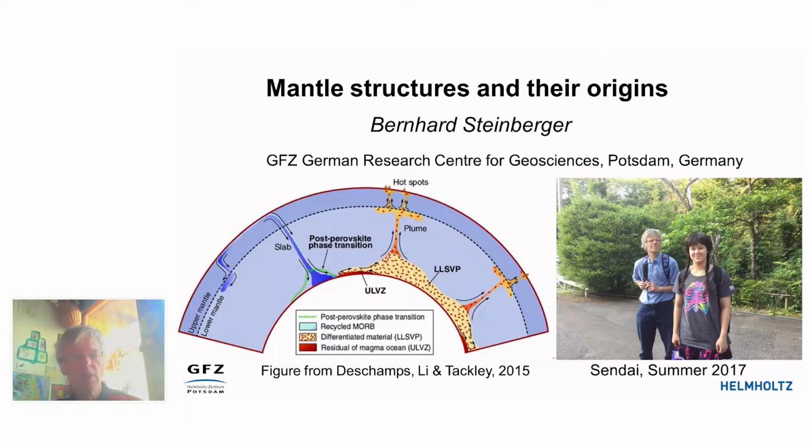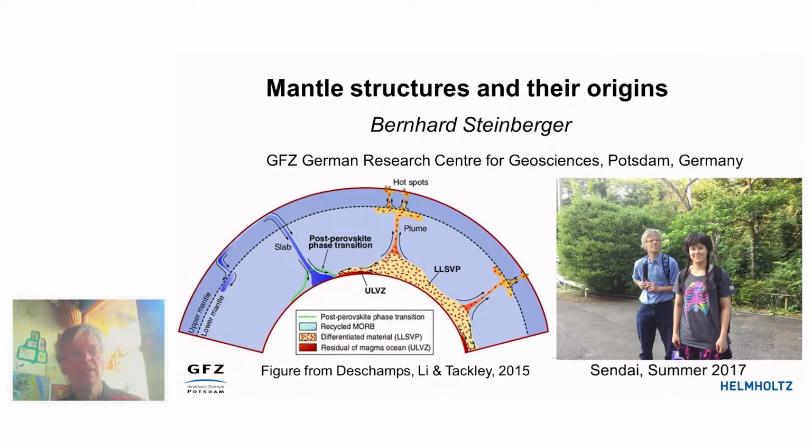Those are the thermal structures. About thermal structures, what we know for sure is about slabs and plumes. And then there is also most likely chemical structure in the mantle. This chemical structure is created through melting, which separates material and creates crust. Then this crust goes down with the slabs, and it possibly accumulates at the base of the mantle in piles, in the so-called large low shear velocity provinces.